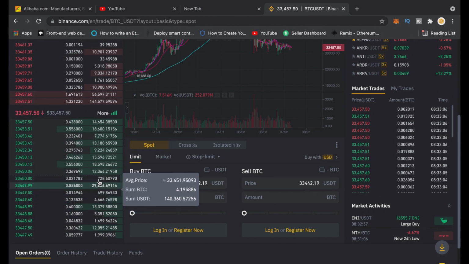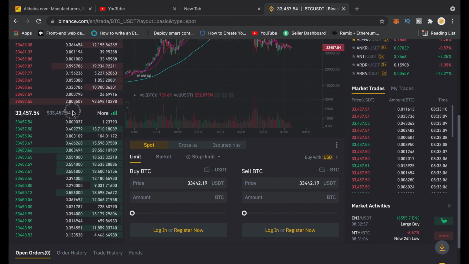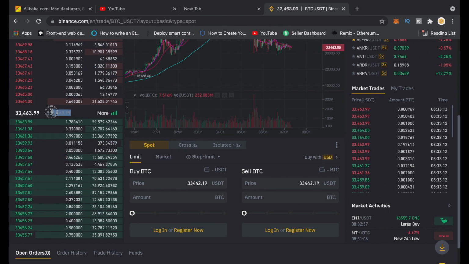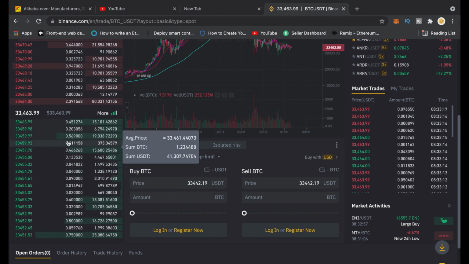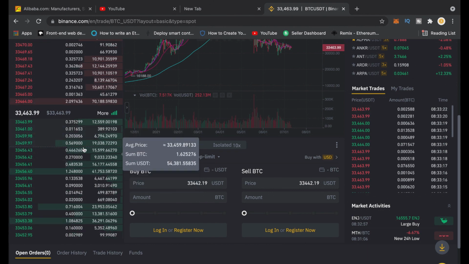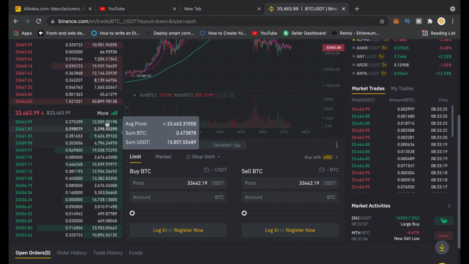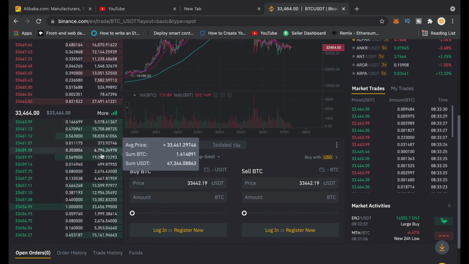So whenever you place an order to buy and you want to use the market price, then this is what it will buy at. But some of these guys that are placing these orders here want to buy slightly below the market price. So that's why the orders will come here, and most of these orders you see here are limit orders. And some of them are OCO and stuff like that.